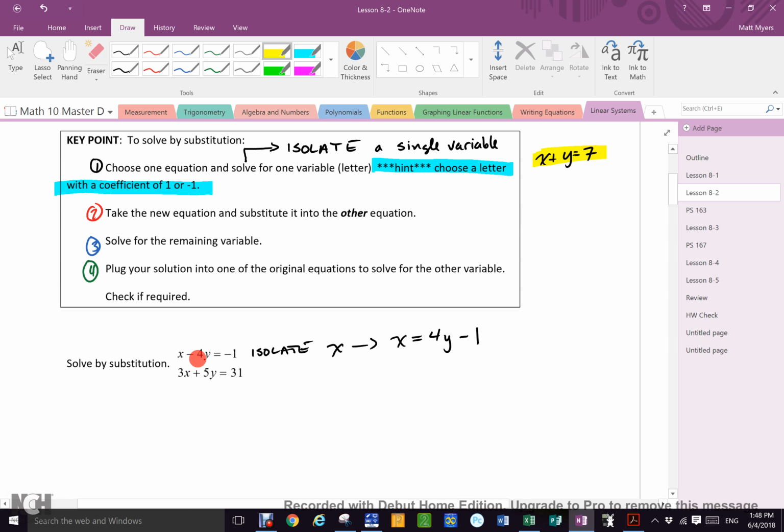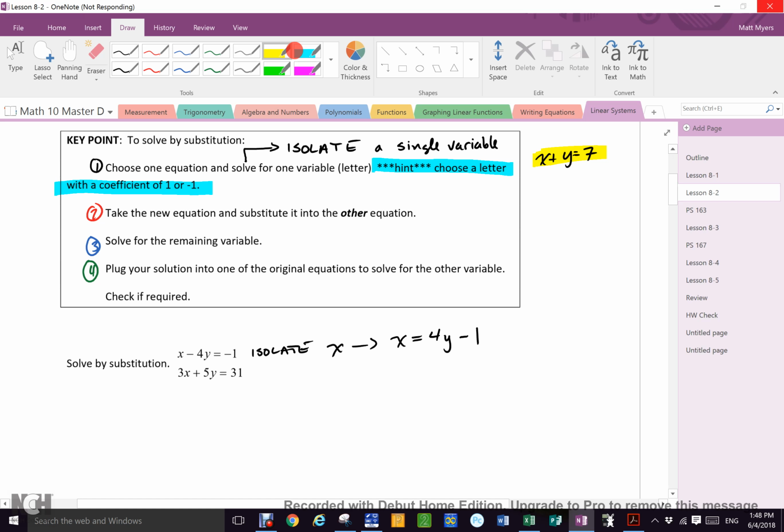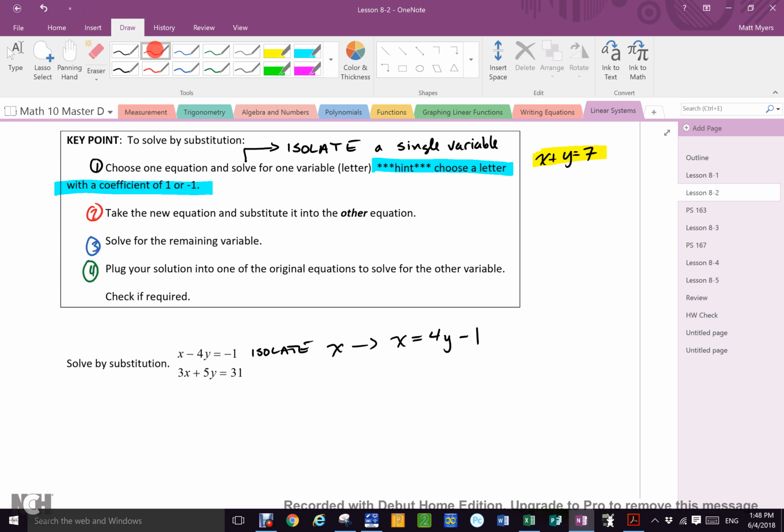So we have already done some work with this first equation. Let us look at the second equation. What does the second step say to do? Take the new equation. Where is our new equation? No, the new equation that we just made. Yes. There is our new equation. And it says take that new equation and substitute it into the other equation. What do you mean substitute?